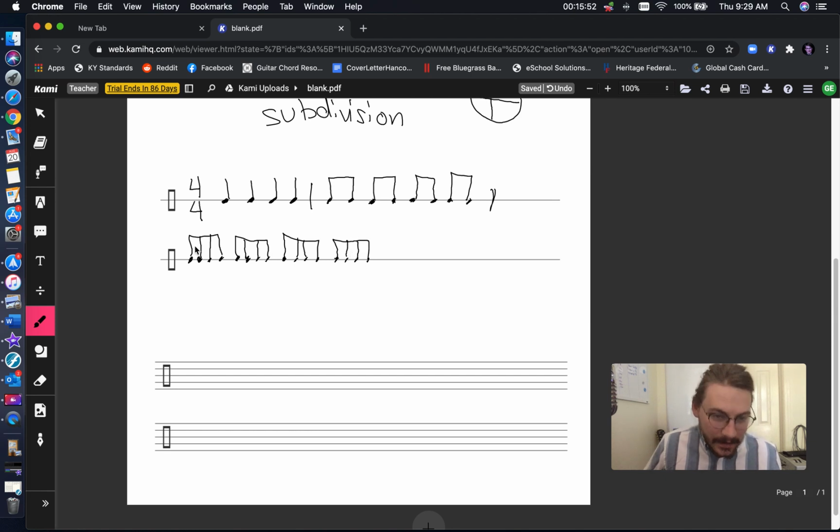And then again, lastly, the line. Remember, 2 lines for 16th notes because they have 2 little flags and they're all holding hands. They're not crippled like the 8th notes. They only got 1 hand.